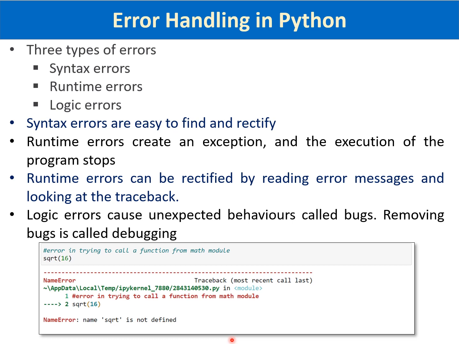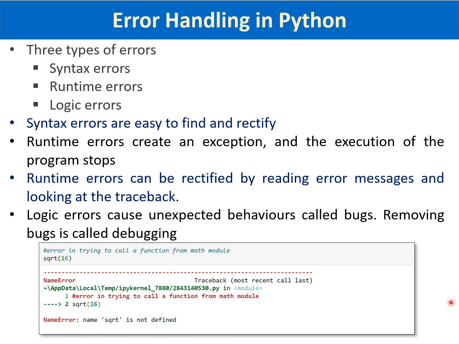It offers insight into what went wrong. And practicing the reading of error messages and understanding their contents becomes very important to trace the error. Error handling in Python is relatively easier than with many other programming languages.